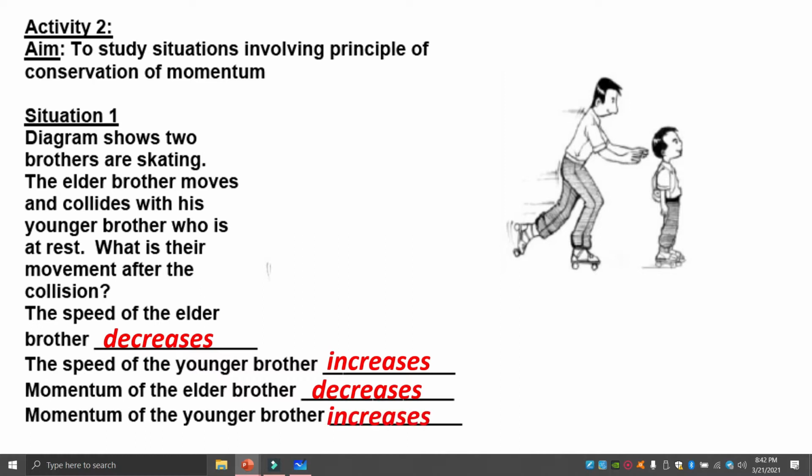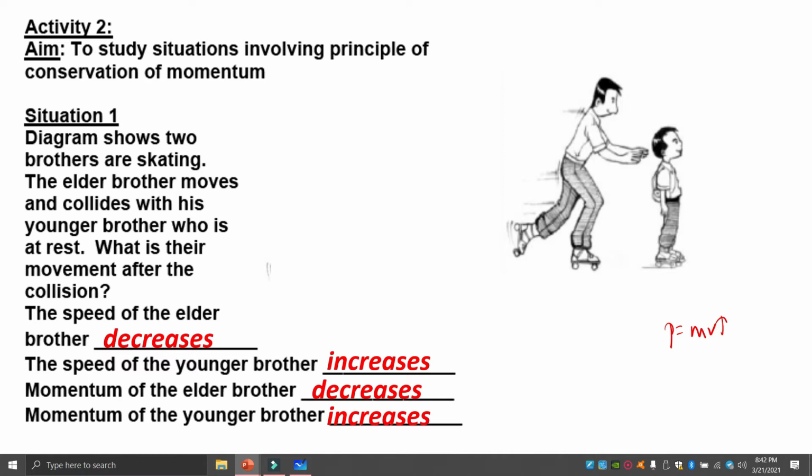Why? Because you already know the momentum is P equals mv. Just now, before this, for the younger brother, the v is 0. So when it starts moving after it collides with its brother, now it has a velocity. If you compare, before, the velocity is 0, which means the momentum is 0 also. Now when the elder brother collides with the younger brother, the younger brother starts moving, so from 0, now it has a momentum.